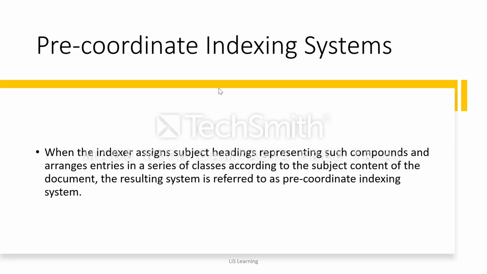So we can define the pre-coordinate indexing system as: when the indexer assigns subject headings representing such compounds and arranges entries in a series of classes according to the subject content of the document, the resulting system is referred to as a pre-coordinate indexing system. Here the definition explains that the subject heading represents that compound subject.